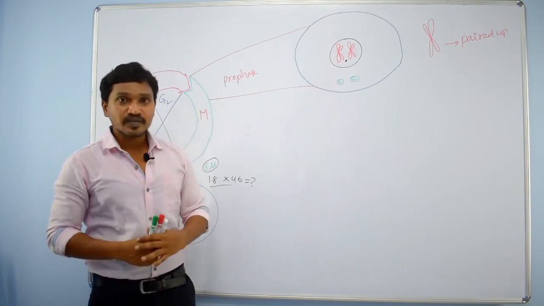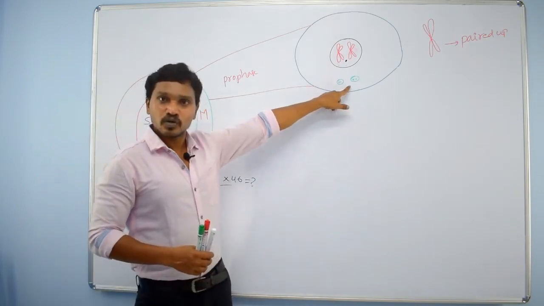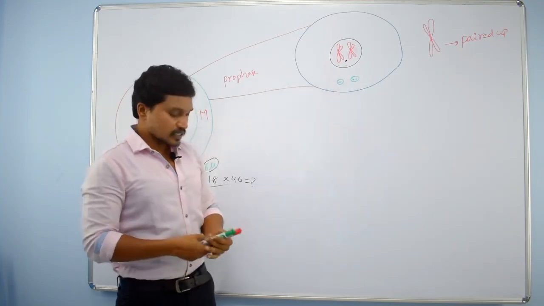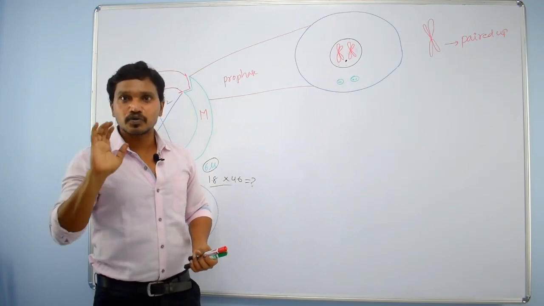Then what are these 2? Centrosomes. These centrosomes start organizing to produce microtubules.